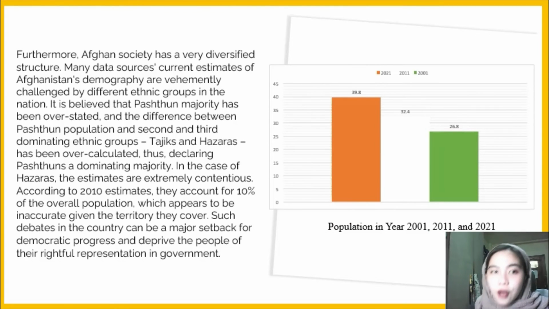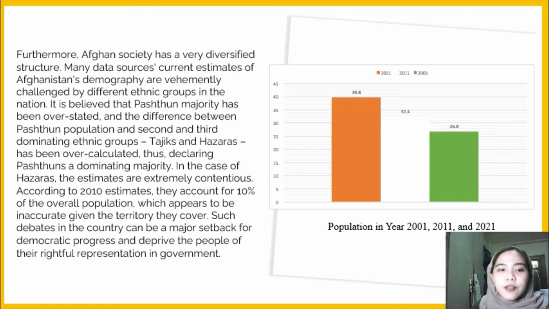Furthermore, the Afghan society has a very diversified structure. Current estimates of Afghanistan's demography are vehemently challenged by different ethnic groups in the nation. It is believed that the Pashtun majority has been overstated, and the difference between the Pashtun population and the second and third dominating ethnic groups, the Tajiks and the Hazaras, has been overcalculated, thus declaring Pashtuns as a dominating majority.